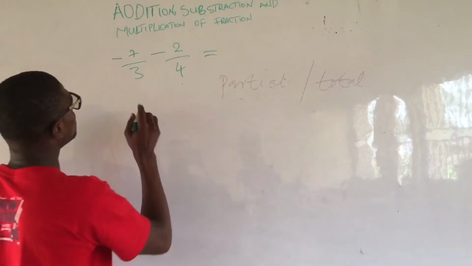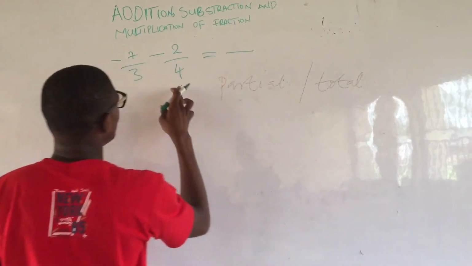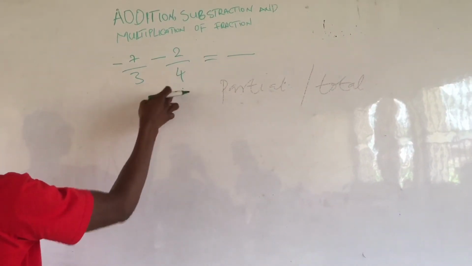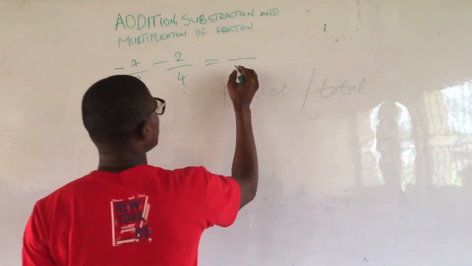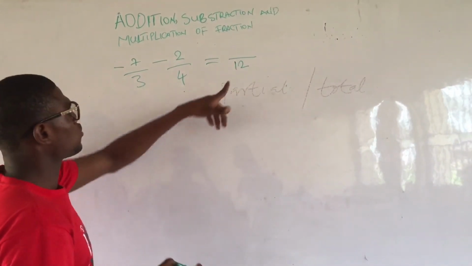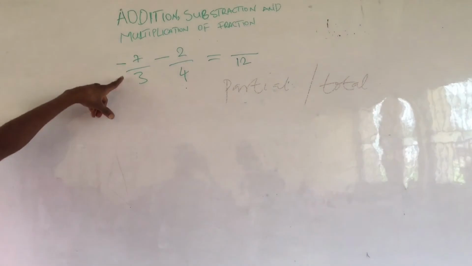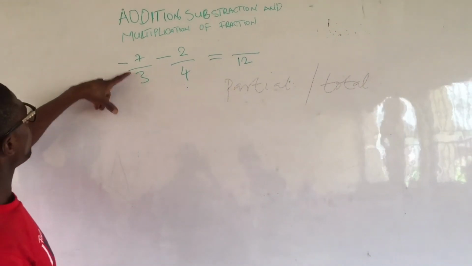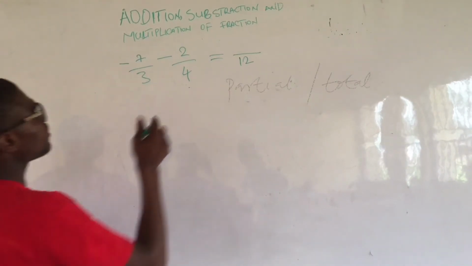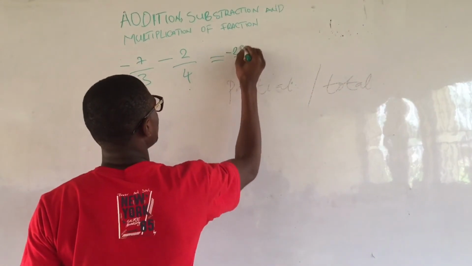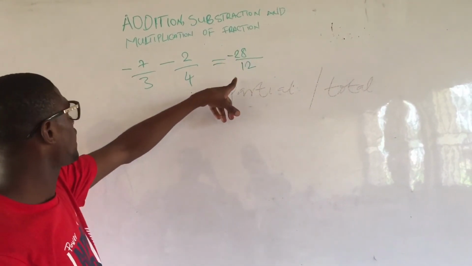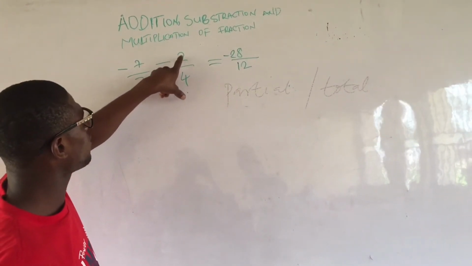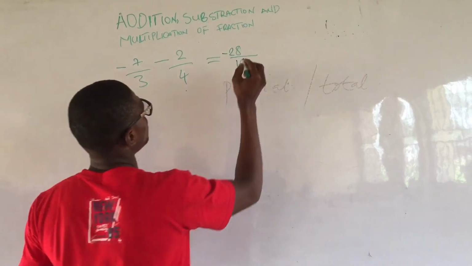And we know the LCM of 3 and 4 is 12. So I write my 12. I divide my 12 by 3. 12 divided by 3 gives me 4. Then multiply 4 by minus 7, which will give me minus 28. Then I also divide the LCM by 4, which will give me 3. And 3 times minus 2 will give me minus 6.